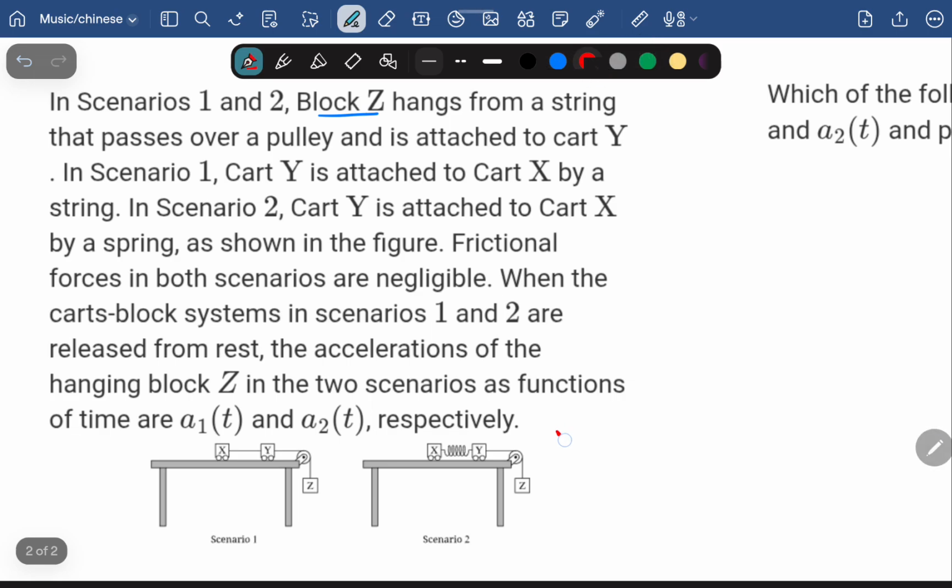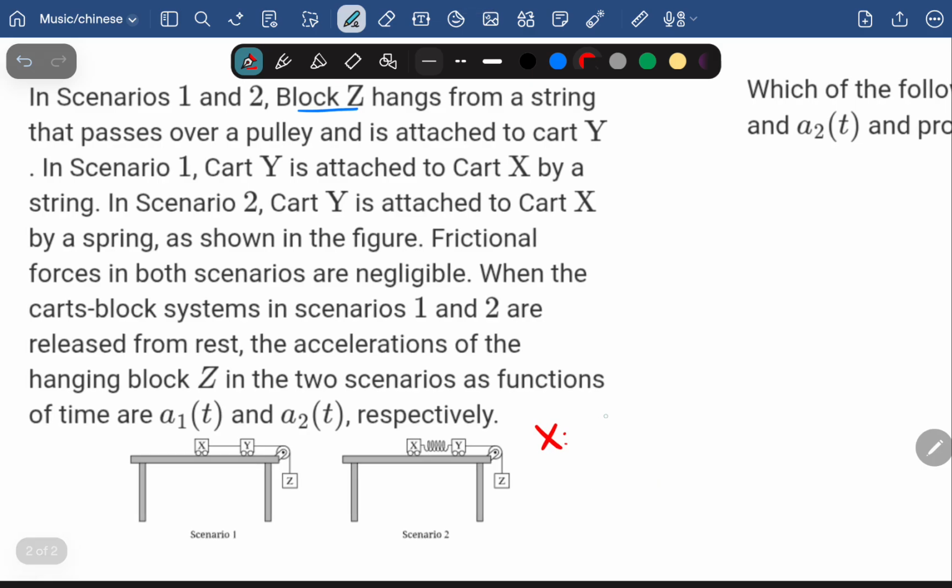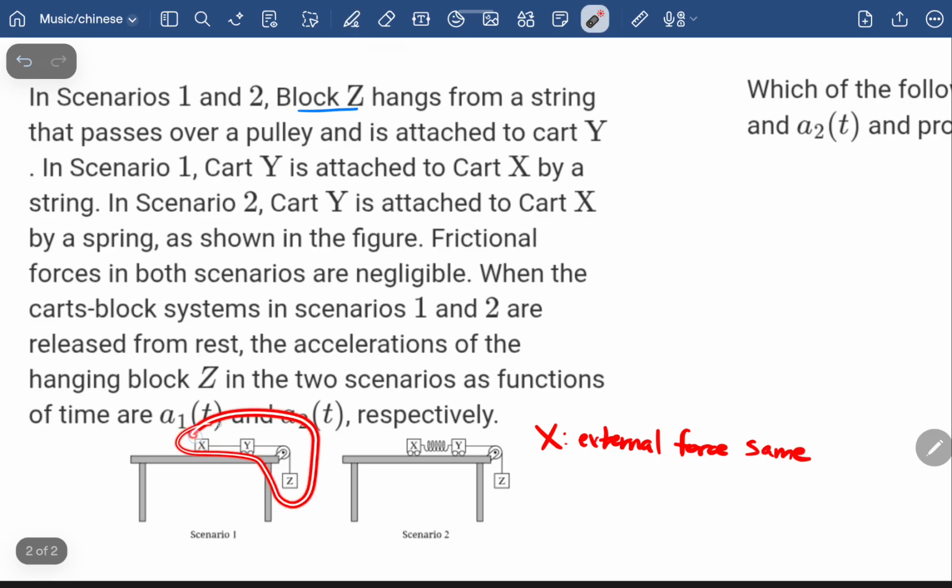Well, what I did wrong myself was I assumed that the external force is the same in both systems. Now you can tell because if we treat these as systems, the only external force is gravity because friction is negligible.